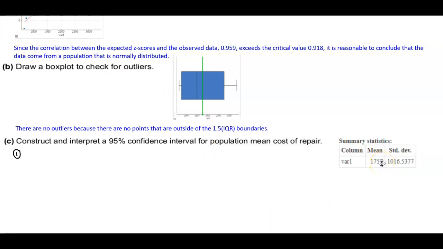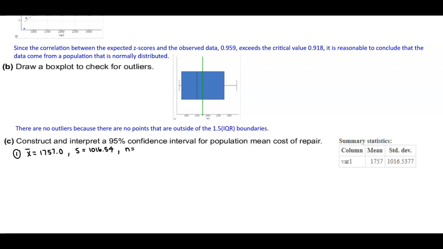So from this information, we can determine that the sample mean is going to equal 1,757.0. We know that our sample standard deviation, rounded to 2 decimal places, is going to be 1,016.54.